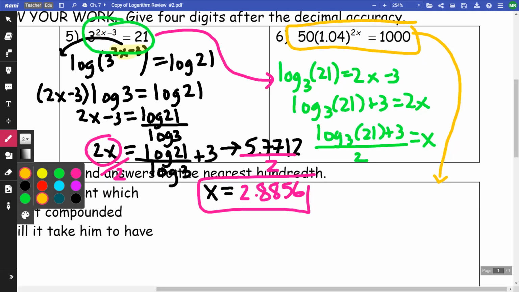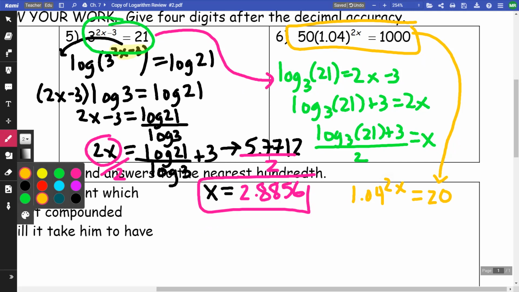So the very first thing I do in this one is I'm going to divide both sides by 50. So when I take 1,000 divided by 50, I am going to get a 20. Okay, dividing both sides by 50.